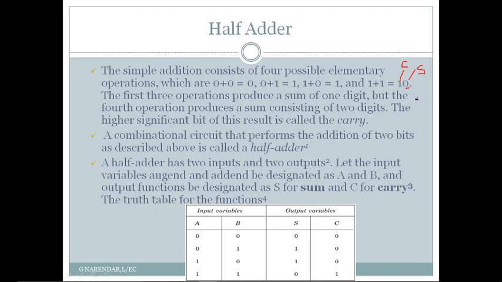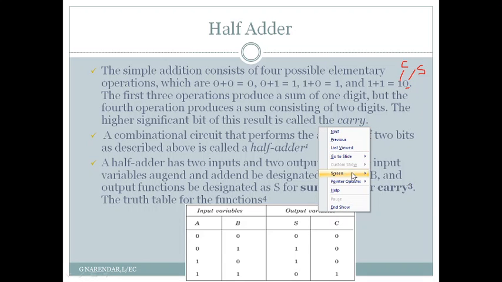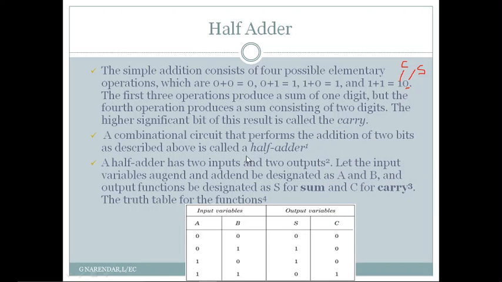So these additions we did manually, and if a combinational circuit performs the addition of two bits as we did, then that combinational circuit is called a half adder. It is called not simply an adder, but a half adder.